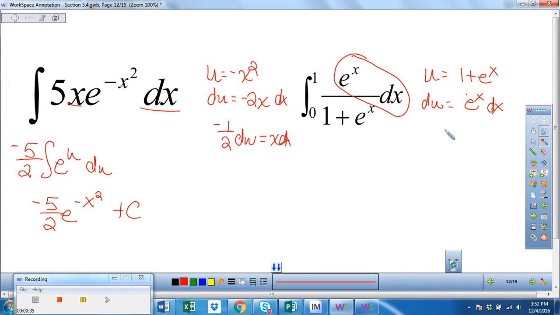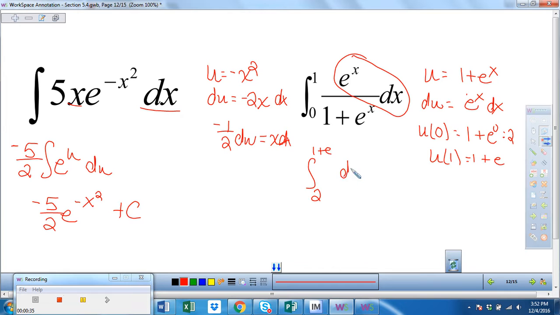Let's go ahead and change our limits as well. u of 0 is equal to 1 plus e to the 0, which is 2. And then u of 1 is going to be 1 plus e to the first power, which I can't simplify. So putting everything in terms of u, I get the integral from 2 to 1 plus e of du over u.